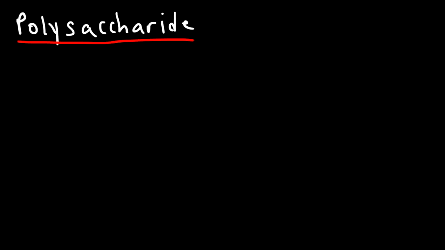Now, the next term that we're going to talk about is a polysaccharide. A polysaccharide is basically a polymer, and a polymer is a long molecule with many monomers or units. Two common polysaccharides that you need to be familiar with are starch and cellulose. Starch is found in animals.